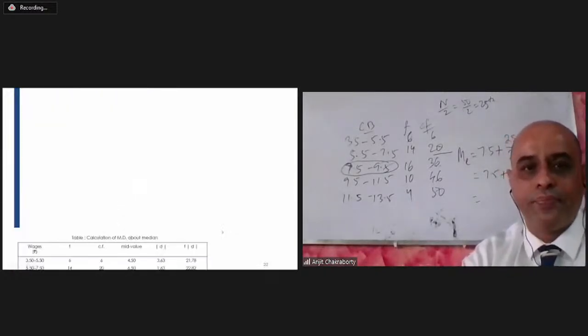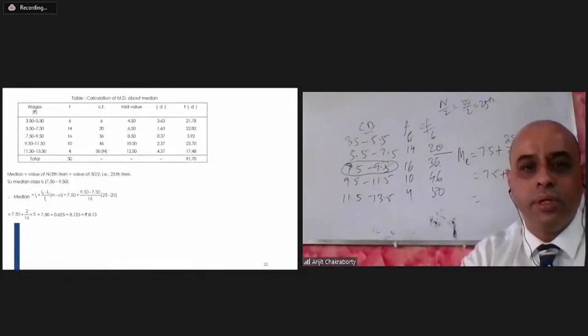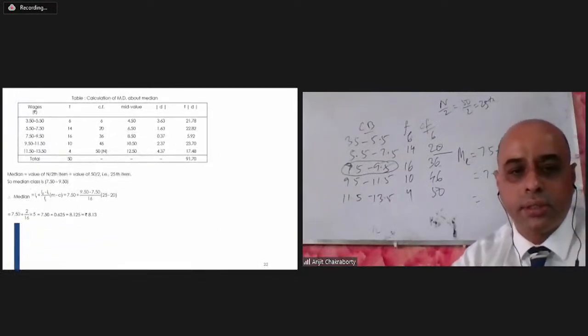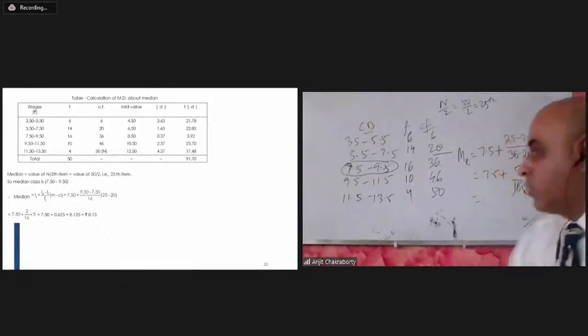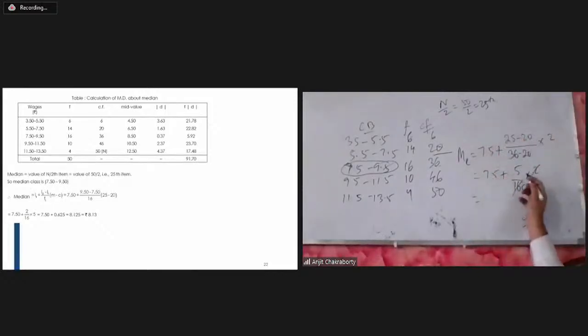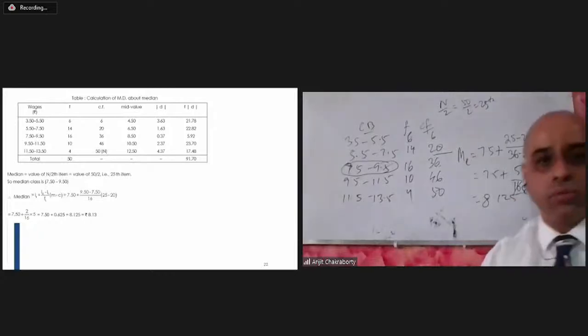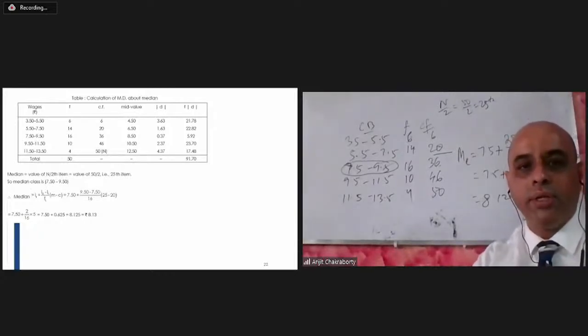So the median is around 8.12, which we have got. 7.5 plus 0.625, 8.12. 5 by 8 is around 0.625, 8.12. So now we have got the median.